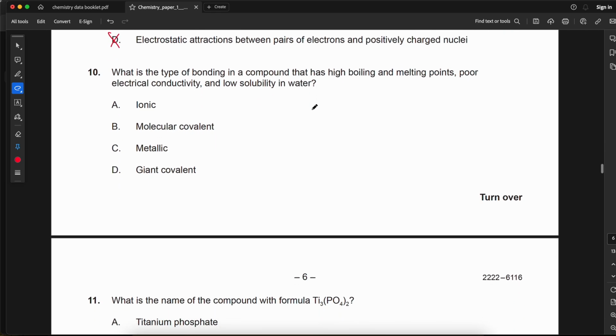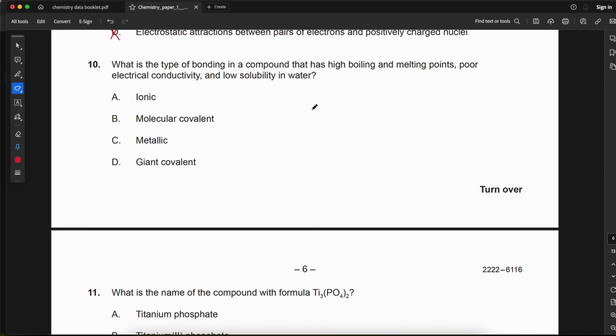So number 10: what is the type of bonding in a compound that has high boiling and melting points, poor electrical conductivity, and low solubility in water? In giant covalent structures, atoms are bonded together by strong covalent bonds, forming a 3D network. For example, diamond and SiO2, silicon oxide.